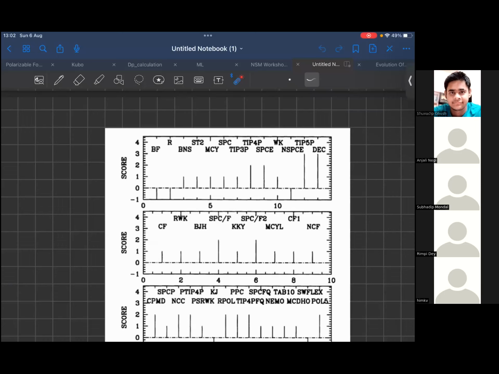Okay, so as experimentalists, they plot the RDF and come up with different values. Some group like Narten and Levy performed an X-ray experiment and gave a value.